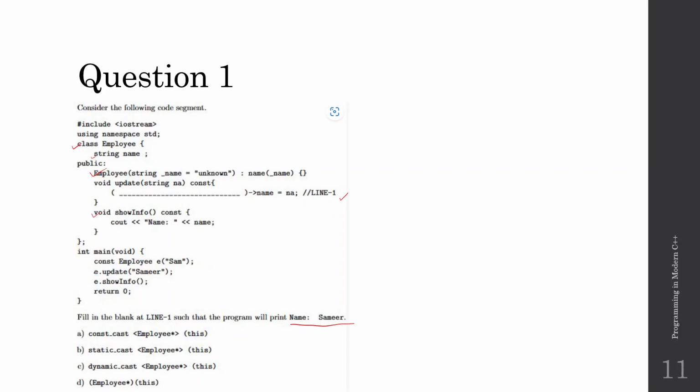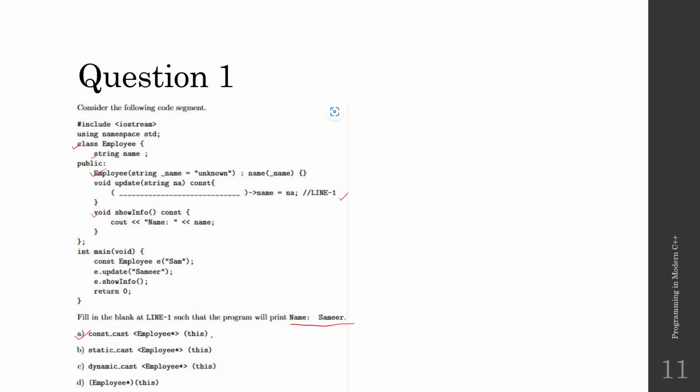But now we want to update it. So how do we update it? Here you can notice that we are updating a const object, so we are violating the constness. For that purpose we'll have to use const_cast. So in this place we'll write const_cast<Employee*>(this).